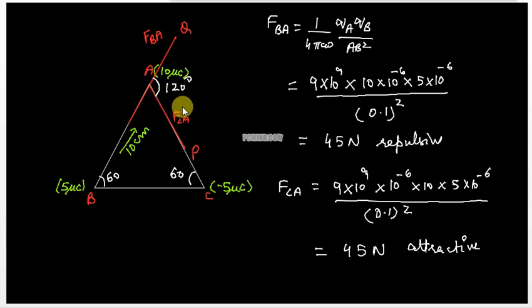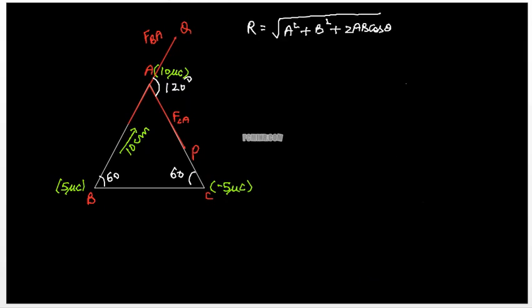Now using the formula for the resultant force, that we apply the vectors. So let's find out the resultant force using the values as 45 Newton, 45 Newton and the angle of 120 degree between them. So using the formula for the resultant, which for two vectors is the square root of a square plus b square plus 2ab cos of theta.